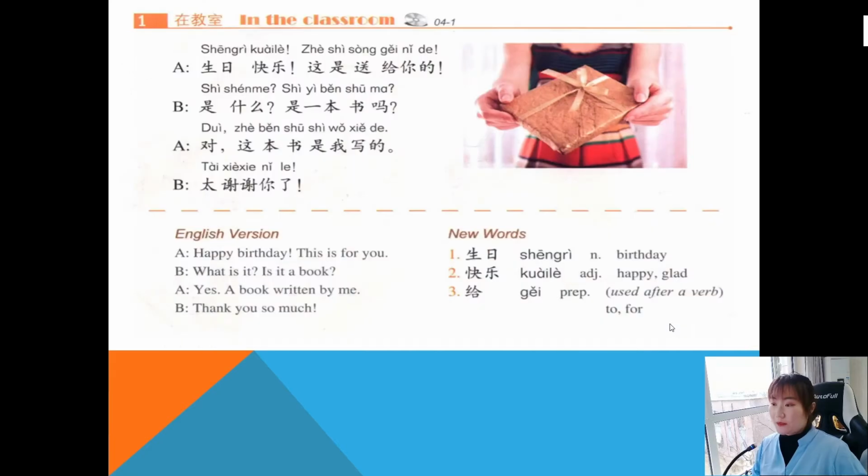Okay, so text 1. In the classroom, so number 1, A says, 生日快乐 Happy birthday, right? 这是送给你的。So here 生日 that means birthday, and 快乐 means happy or glad. So 给 preposition here, so used after a verb, to or for.